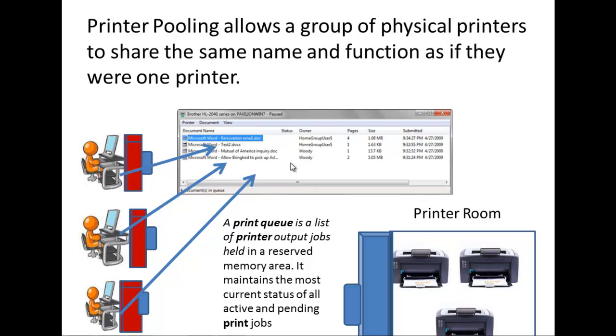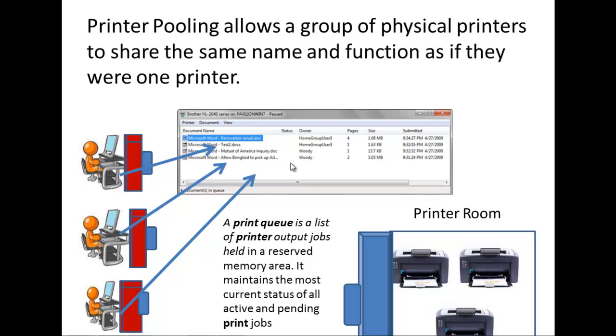If you didn't have the printer pool, you'd be sending all your print jobs to one printer, and your printer might not be able to handle all those print jobs. So you have a group of printers, and the group of printers are attached to the common print queue so that multiple documents can be printed simultaneously.